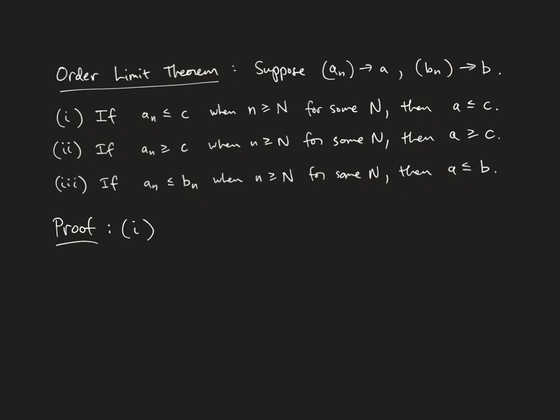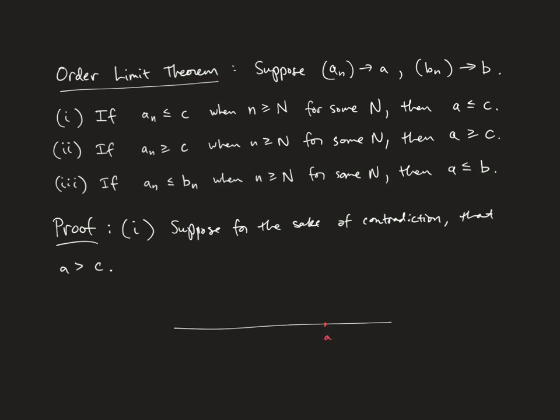So we'll suppose here for the sake of contradiction that A is actually bigger than C. And of course, this is kind of crazy. So the limit A is here, right?